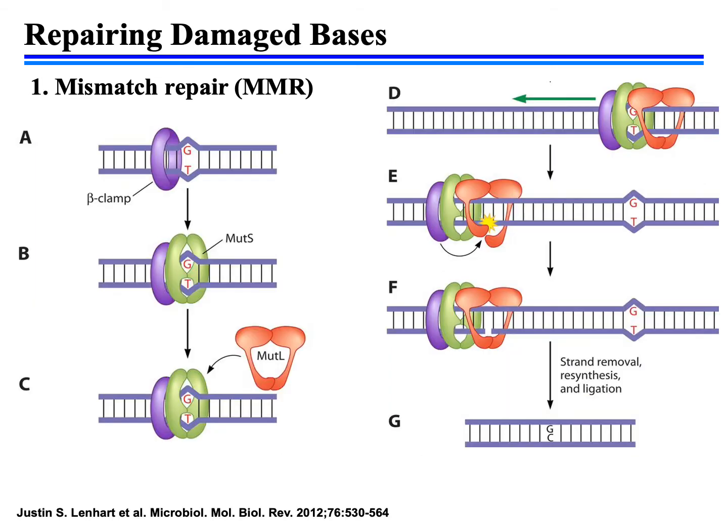In this slide, we can take a little closer look at what's happening with MutS. MutS scans the DNA for mismatches. Mismatches would be where there's physical distortions that have occurred because an incorrect nucleotide has been added in.